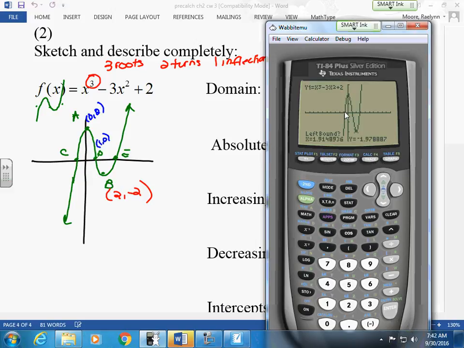Let's look for the left one. We have the one that's 1, 0, so we don't have to find that. Go to the left of the one you want. Then go to the right of it. All you got to do is go right up there. You're right to the right of it. And then guess. Now, we have an irrational number here. So we take that decimal and we do 3 decimals.